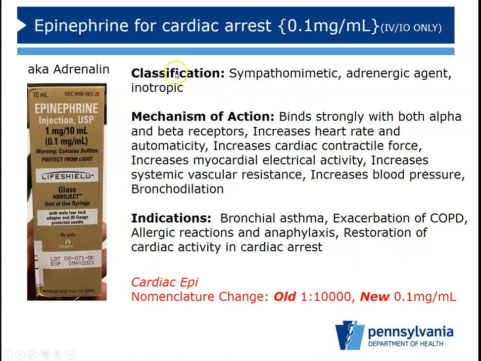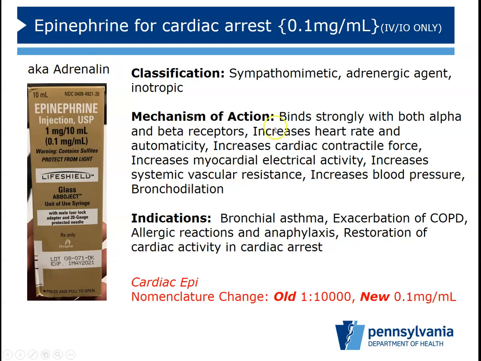But just a refresher, the classification is a sympathomimetic. It's an adrenergic agent. It's an inotrope, which means it causes an increase in heart rate as well as the left ventricle to beat harder. This also has another name. If you read some literature that may come from Europe or the UK, you may see this called adrenaline.